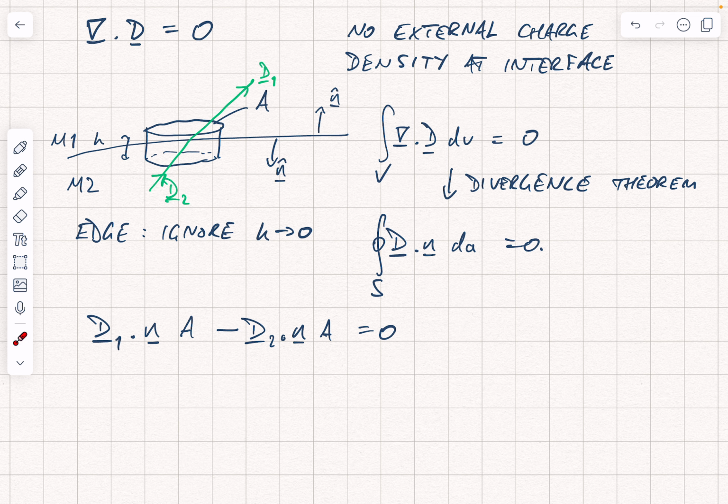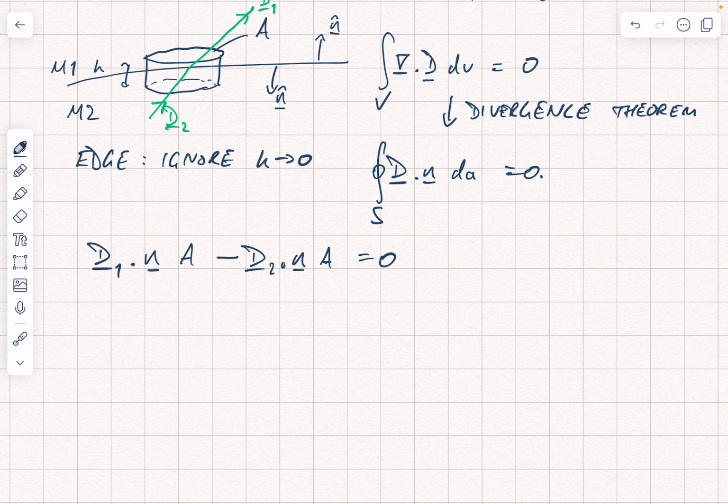And we've assumed that D is uniform over a small area, so rather than doing a surface integral, we've just pulled it outside and done the integral over the surface area, which gives us a factor of A here and here. And of course the inevitable consequence here is that D1 dotted with n is equal to D2 dotted with n. In other words, normal components are conserved.